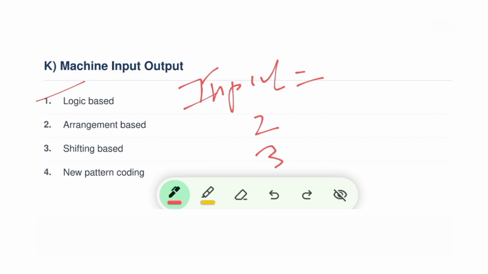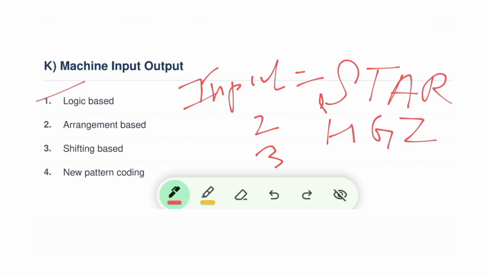Then there will be the next two, three, four steps. I'm giving you an example like star. Then S changes to H, T changes to G, A changes to Z, R changes to I, it means reverse place value. It's very basic, I'm telling you, but it can be dicey.